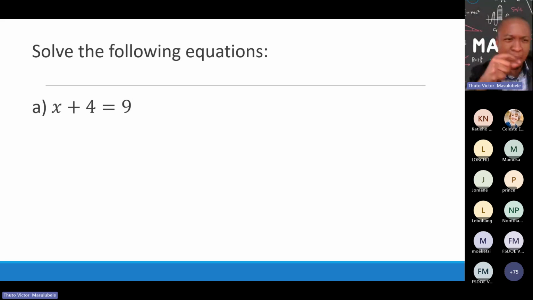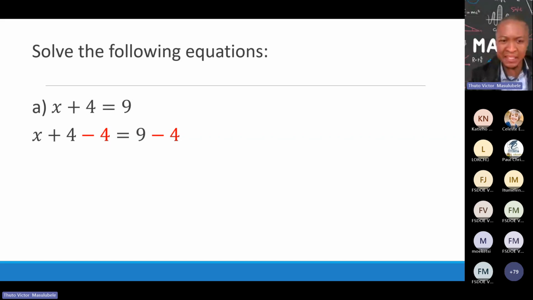So in other words, what must x be in order for us to have 9 on both sides of the equal sign? Now you learned about additive inverses as well as multiplicative inverses. So in this case, we are going to add the additive inverse of 4 to both sides, and the additive inverse of 4 is -4.